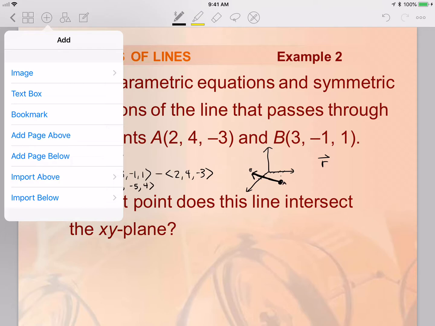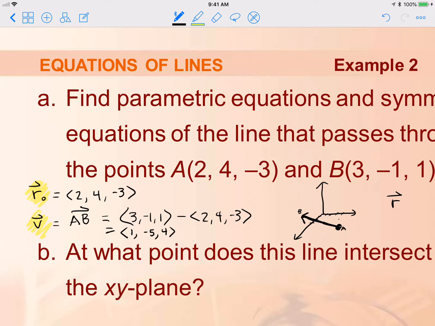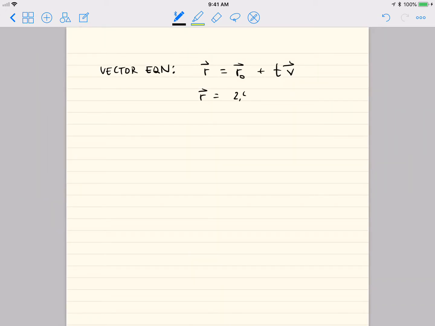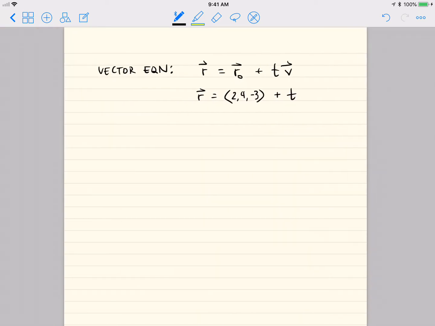Let's add a page below. So my vector equation is going to be r equals r naught plus tv. That'll be r equals r naught, which is 2, 4, negative 3, plus t times v, which is 1, negative 5, 4.